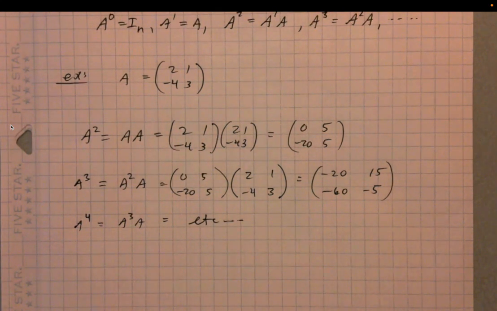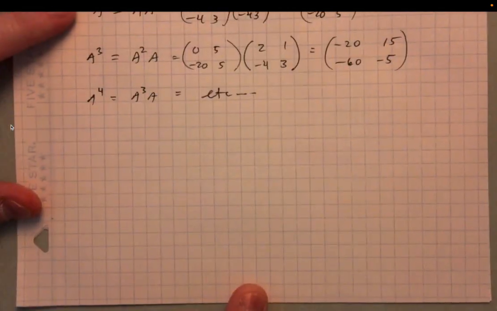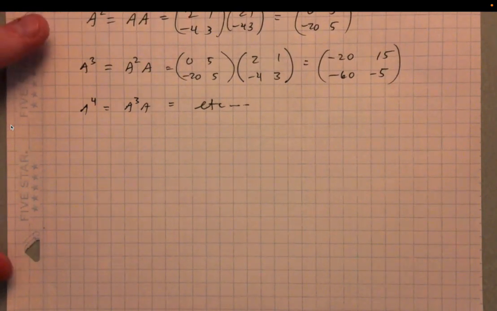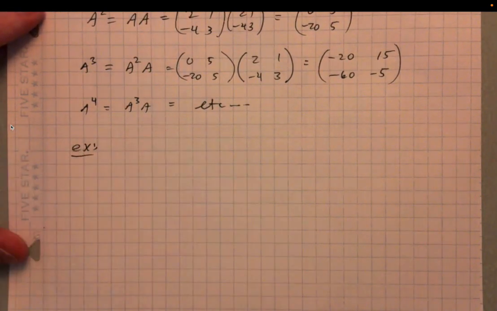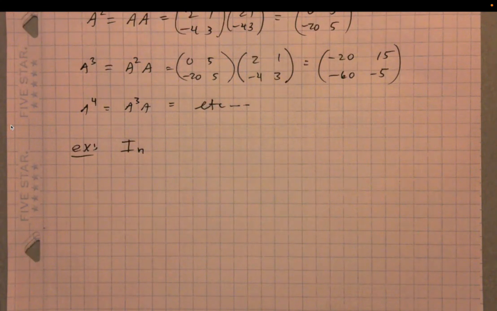All right, very good. So that's the idea behind matrix exponentiation like that. Now, here's another example. I_n, we talked about this when we introduced matrices, we discussed the identity matrix.